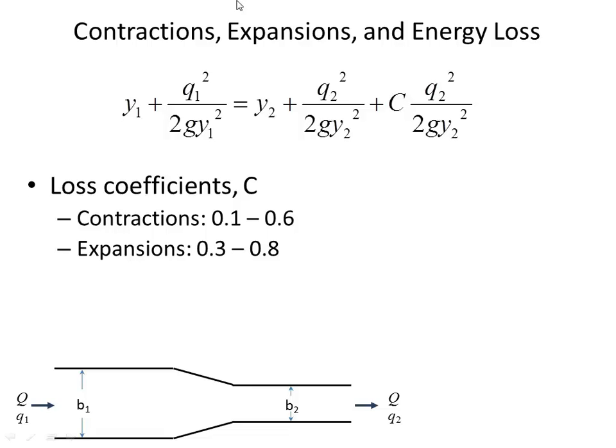The specific energy at 1 is equal to the specific energy at 2 plus the loss between them. And so the loss is on the right-hand side of the equation, same as it was in closed conduit flow, because between 1 and 2, when the flow is going from 1 towards 2, that means there's going to be less energy remaining at 2 because of the energy that's lost. And here is that this form of velocity head was written on your quiz as well. Sometimes velocity head we say is v squared divided by 2g.